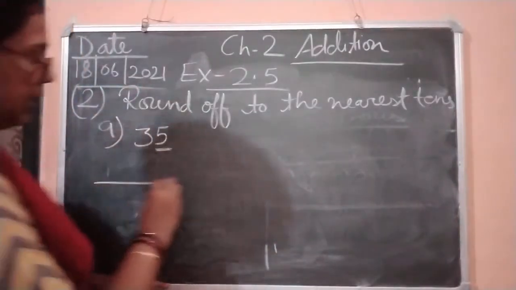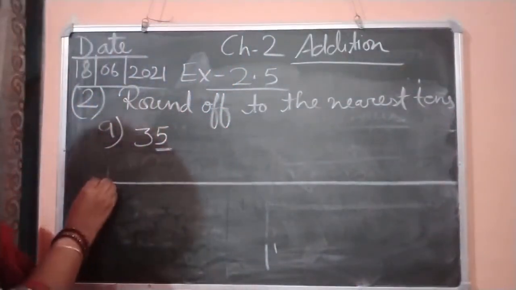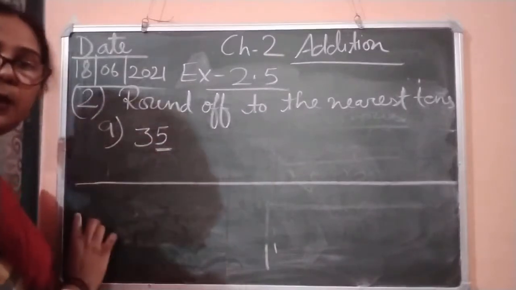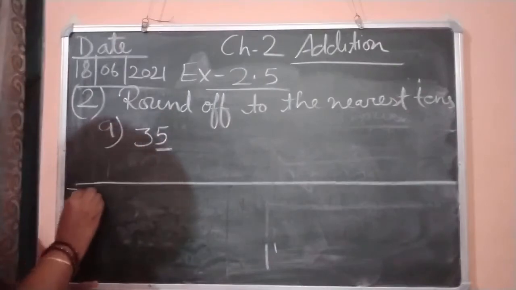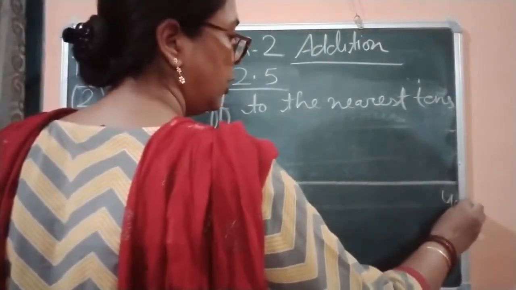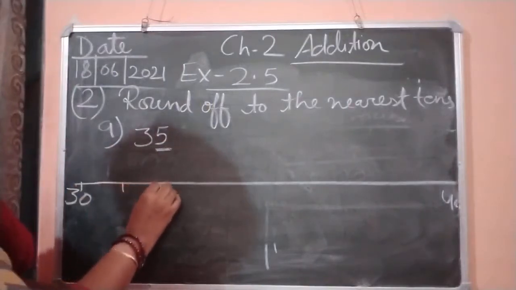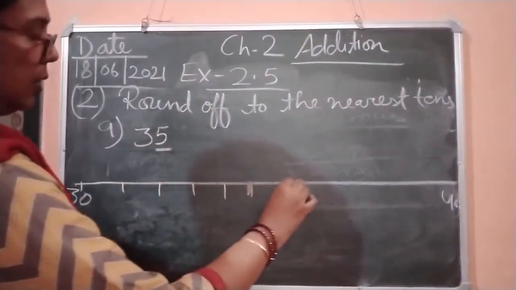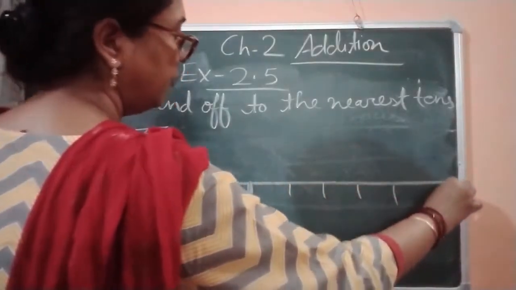To round off this 35, first we will draw a line. It is a very easy method. Here you can see 35 is coming between 30 and 40. First we will write 30 and then this is 40. We will draw a few marks: 31, 32, 33, 34, 35, 36, 37, 38, 39, and this is 40.